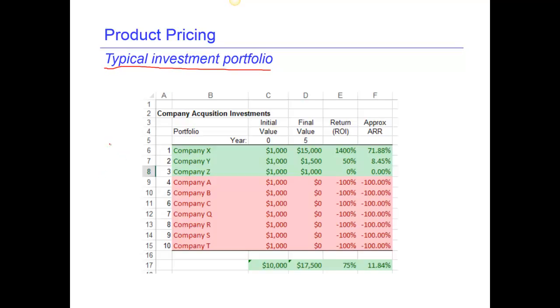So if we think of each of the products as an individual company or basically a portfolio of companies, we see that looking at lines 9 to 15, what we have is a series of product or company investments, and they might have had an initial value based on the investment of $1,000, but because of the failure of the product in the market or the failure of the technology or for whatever reason that investment did not make it to market, essentially what you have is a zero final value for that product or company.